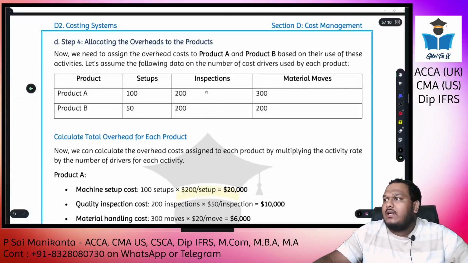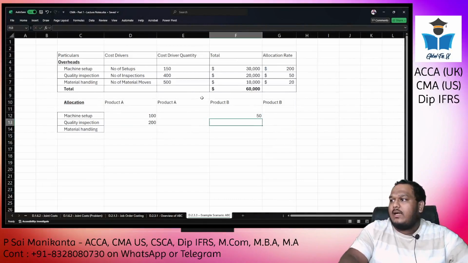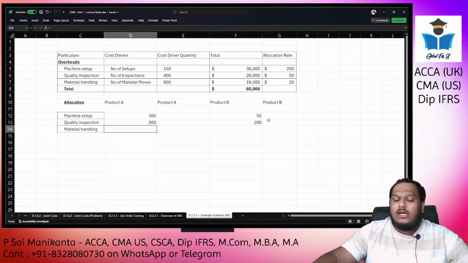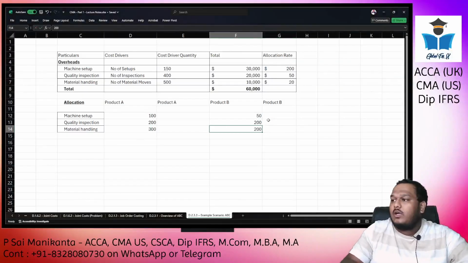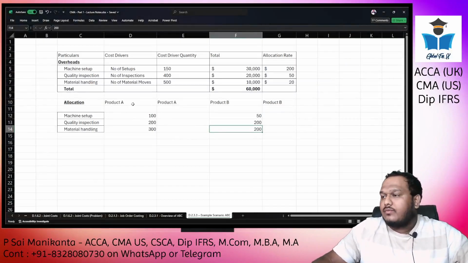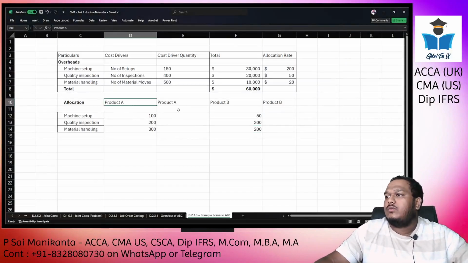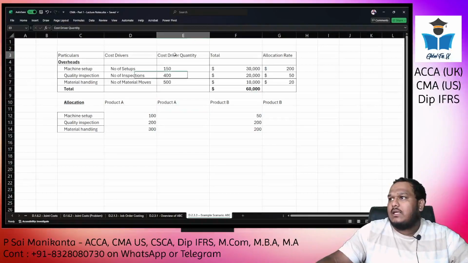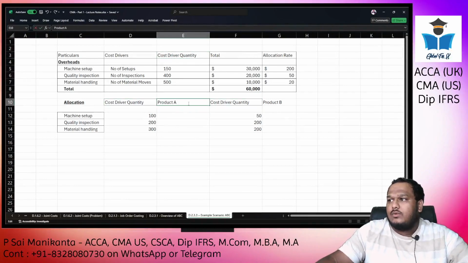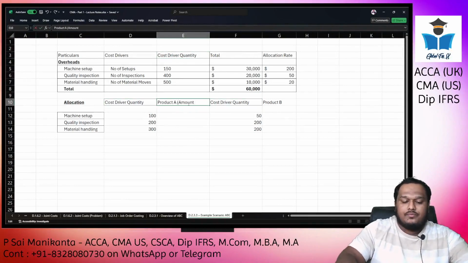Similarly, quality inspection 200 and 200. Then material handling, 300 moves for product A, 200 moves for product B. This is what is given. Now I'll call this cost driver quantity here and here. Now this will be amount.